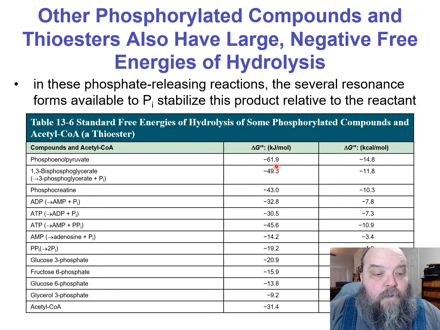Negative 61.9 kilojoules per mole, negative 14.8 kilocalories per mole. Here's our friend, ATP. Breaking that down to a diphosphate, negative 30.5 kilojoules, negative 7.3 kilocalories. This isn't the highest, isn't the lowest.